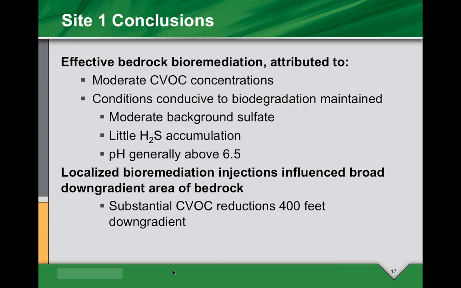We had a moderate amount of background sulfate, and even better, what happened at this particular site is that these very local applications of our substrate and our microorganisms was able to influence a fairly broad area down gradient of the application area, where we saw positive results even 400 feet down gradient.